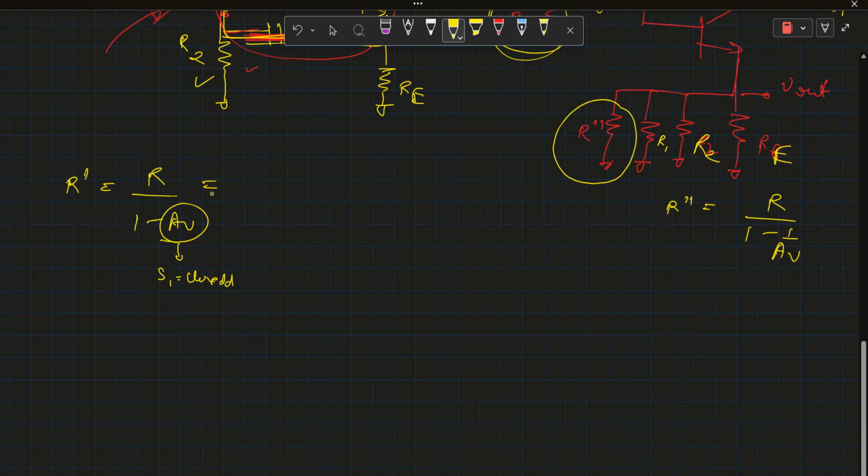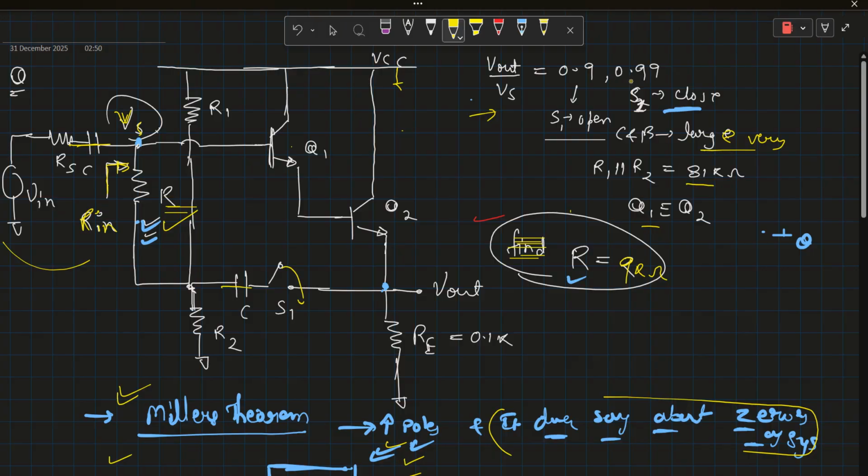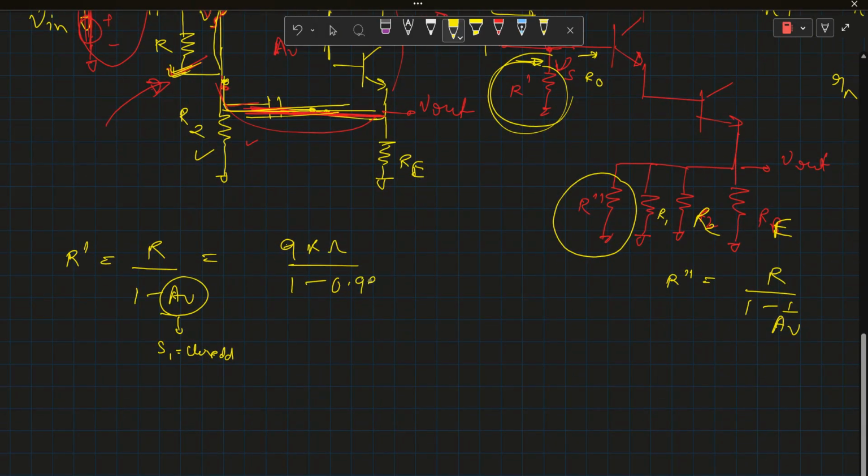R dash is the value of R upon 1 minus AV, and R is given as 9 kilo ohm, and 1 minus AV, when switch 1 is closed, is given as 0.99. If we subtract this, we will get 9 kilo upon 0.01, which is R dash.